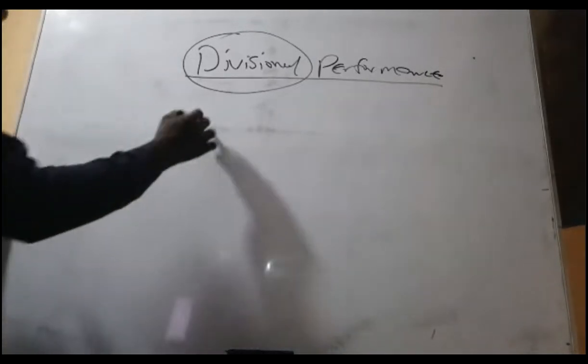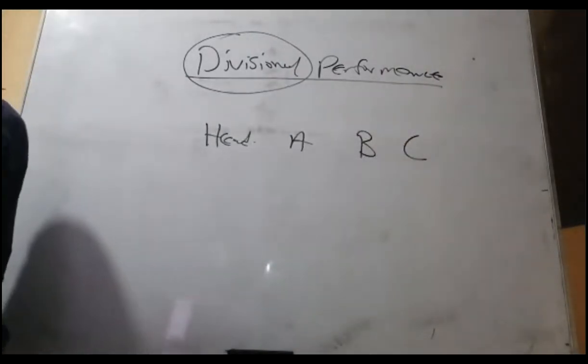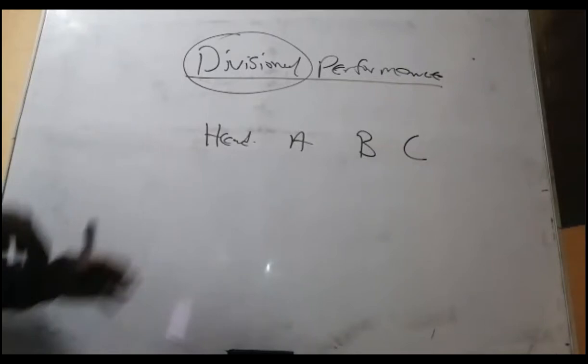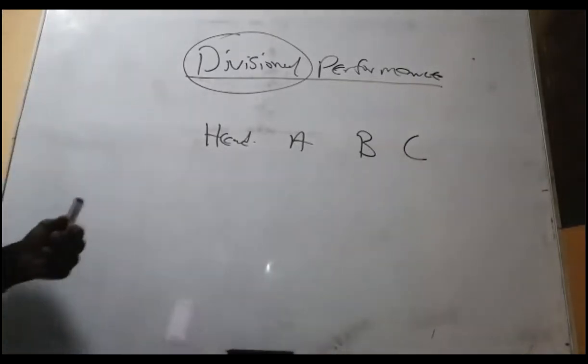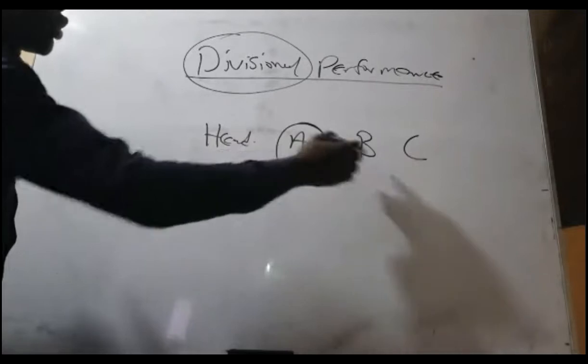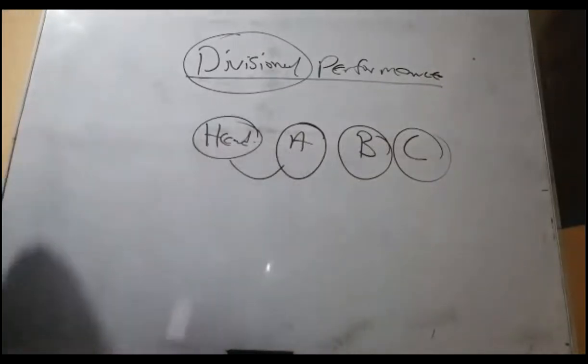So it means that if we have a company, this is the head office. They have, let's say, division A, division B, division C. It can be departments. It can be units. It can be product or geographical. The divisionalization can be geographical, product or unit, or even departmental. The bottom line is this: each unit must operate on its own. You have your own manager. You don't depend on the head office. No, you're on your own.